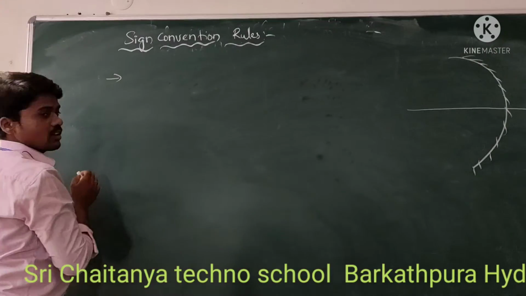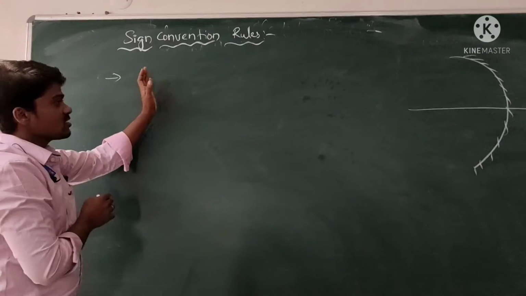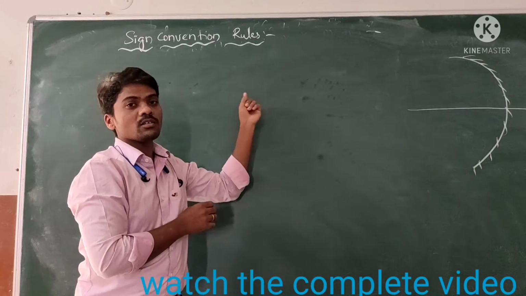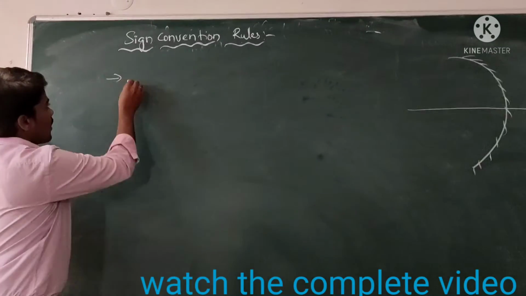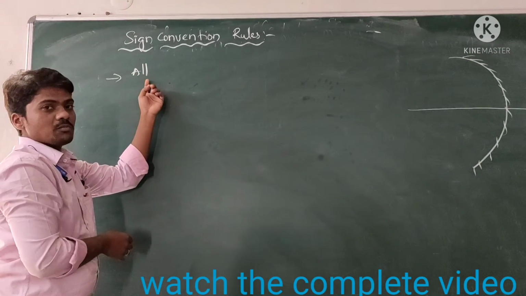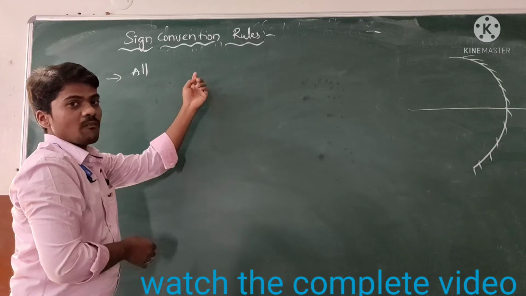First point: all distances are measured from the pole. All distances means u, the object distance, the image distance, and the focal length.